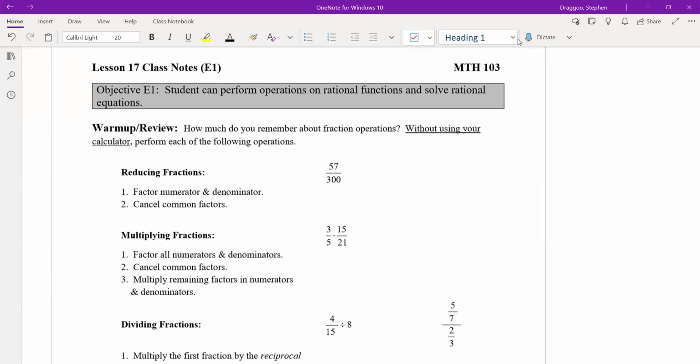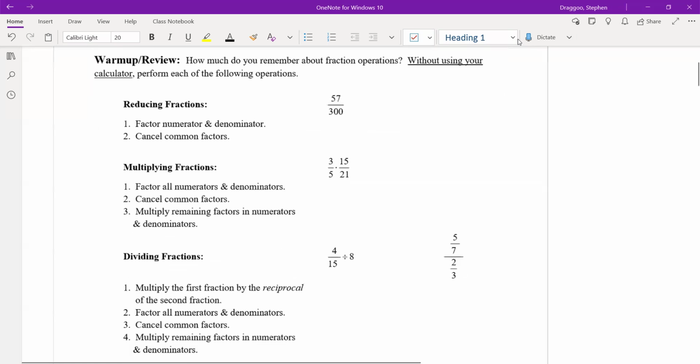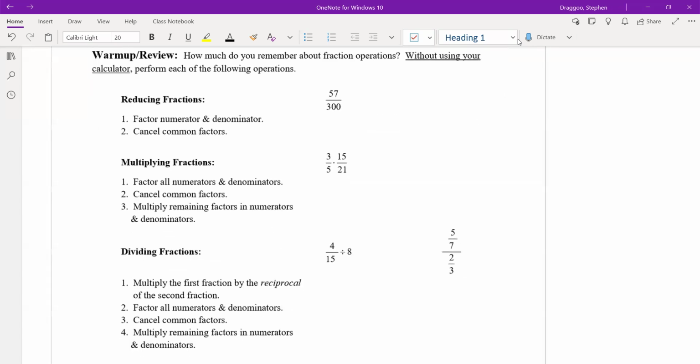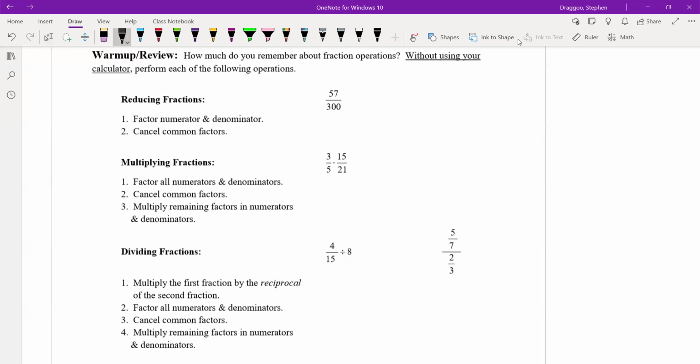A couple of quick things to remember about what we might be doing here, just going over some basic stuff from fractions. We reduce fractions if we can find a common factor between numerator and denominator. So with 57 over 300, both of those are multiples of 3, so I can divide a 3 out of both. 57 is 3 times 19, while 300 is 3 times 100.